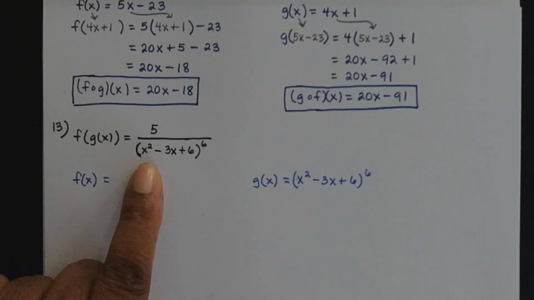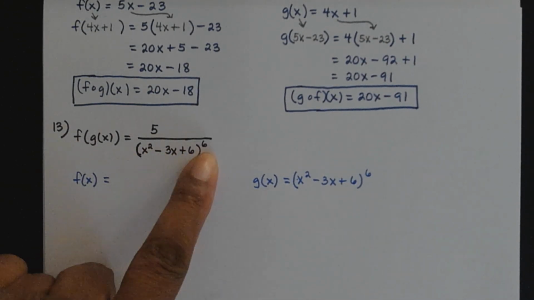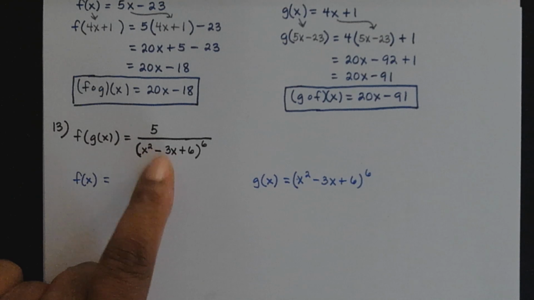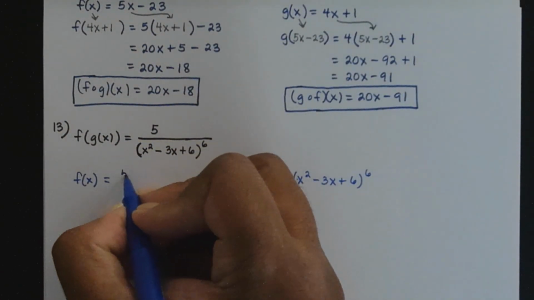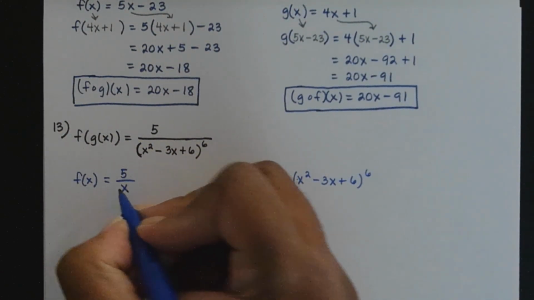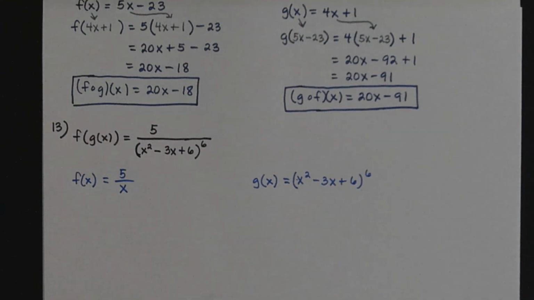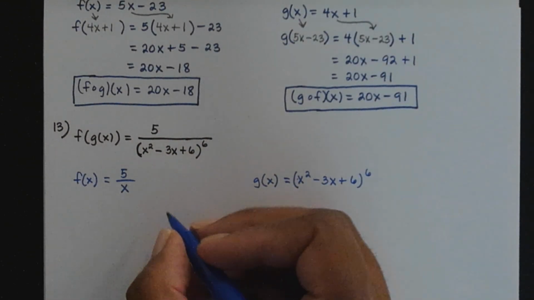Now, to find out what f of x is, since this whole thing in the denominator was substituted for x in the f of x function, that means f of x had to start off as 5 over x. Okay. Any questions on number 13?